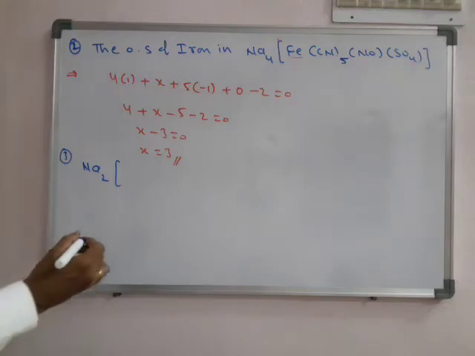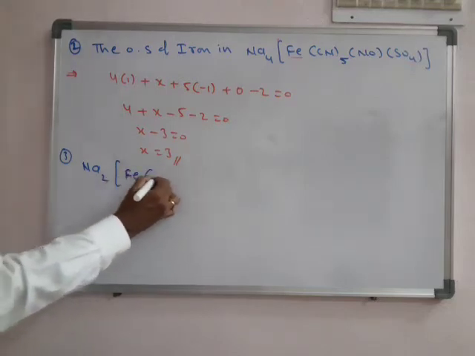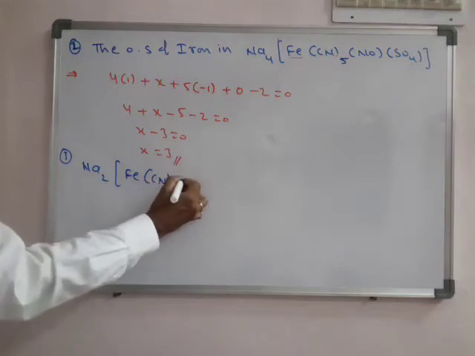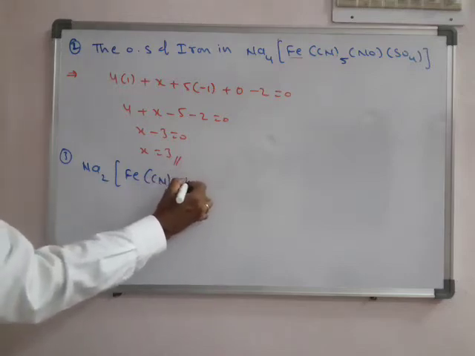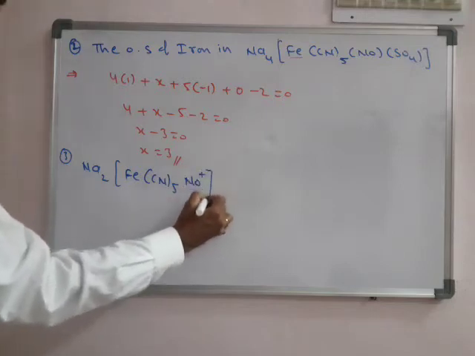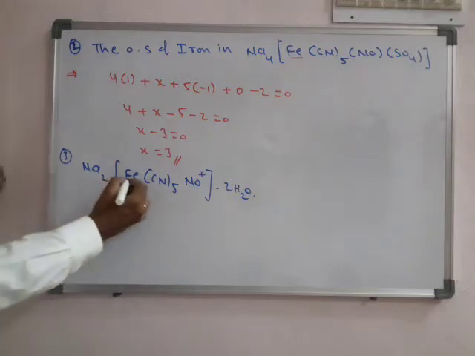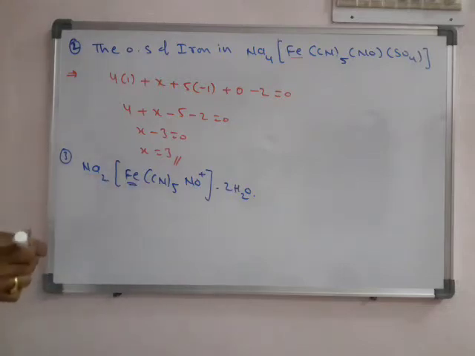One more complex compound, that is Na2 Fe(CN)5 NO H2O. So again we have to calculate the oxidation number of iron.